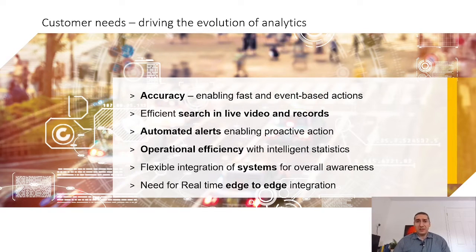Now let's look at the customer needs and what is driving the evolution of analytics and AI. Mainly accuracy and enabling fast and event-based actions is a major contributor, especially in the surveillance or security industry. I can say 10 years back, even just 5 years back, everybody was running on motion detection.